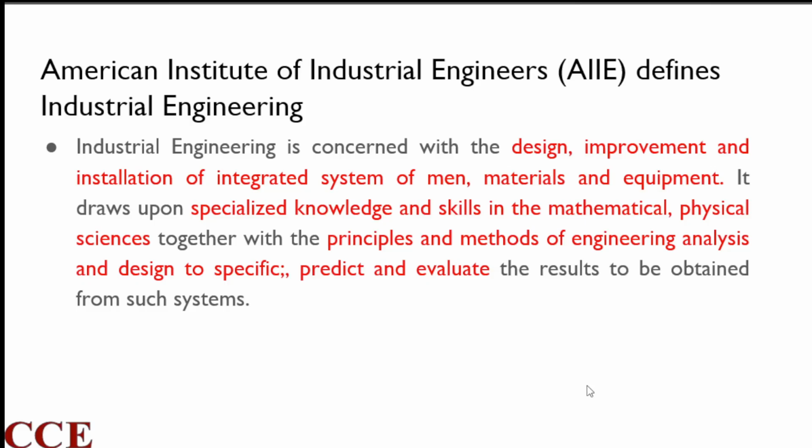It draws upon specialized knowledge and skills in the mathematical and physical sciences, together with the principles and methods of engineering analysis and design, to specify, predict, and evaluate the results to be obtained from such a system.